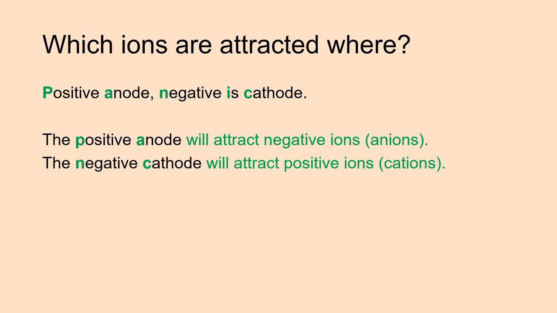But which ions are attracted to which electrode? So the positively charged anode attracts the negative ions, which we call anions, and the negative cathode attracts positive ions, which we call cations.